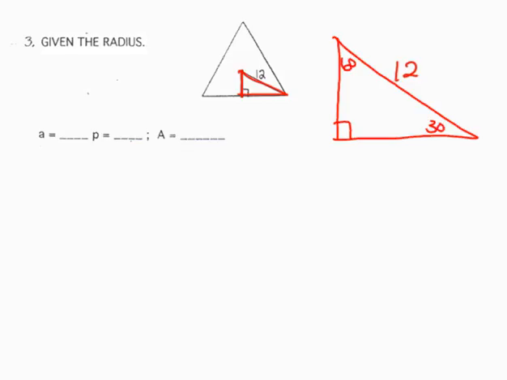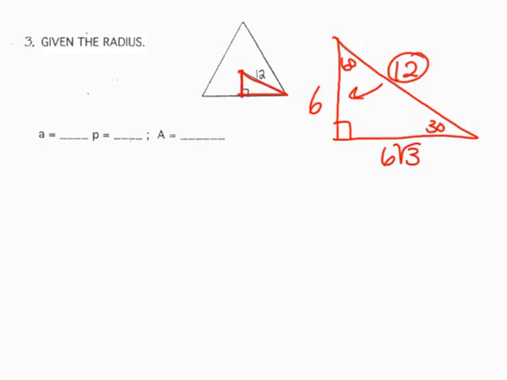Well, we need both the short leg and the long leg of that triangle. We need to go from the hypotenuse to the short leg, and that's going to be 6. Remember, we divided in half. And then from the short leg to the long leg is going to be 6 radical 3. So that is the side.